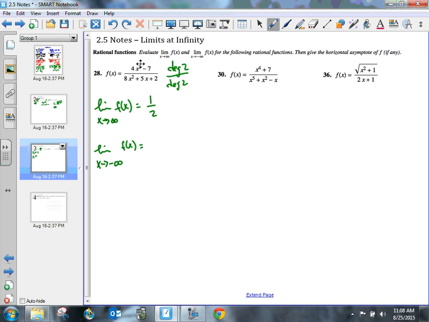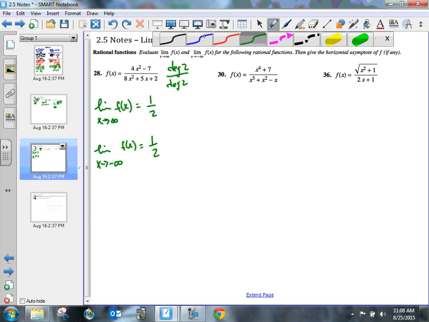When I square something, it's always going to be positive. So you do have to consider what's going to happen as x goes to negative infinity. Because my numerator stays positive and my denominator stays positive, I'm still going to get the same limit value of 1/2.